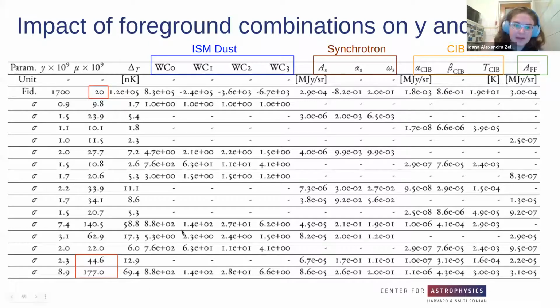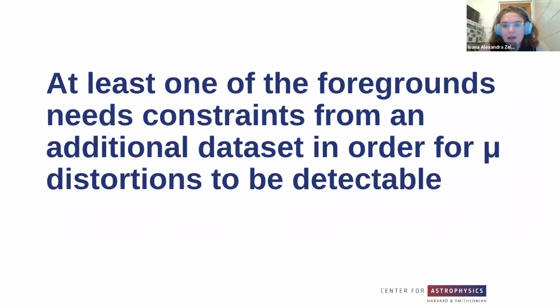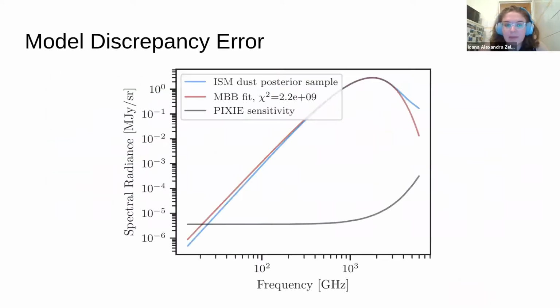The sigmas for the mu become larger than the fiducial value for the mu distortions if all of the foregrounds are included. So if PIXIE wants to detect the mu distortion, they will need another data set from another mission, so at least one of the foregrounds needs to be constrained by another mission in order for this to happen.